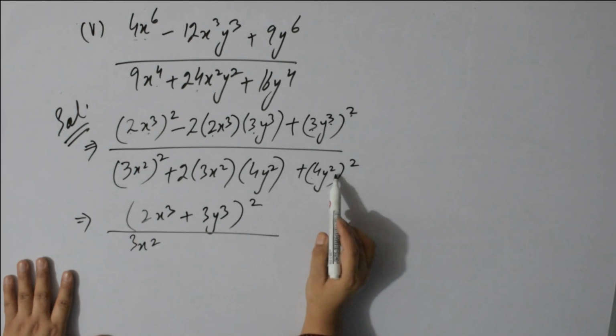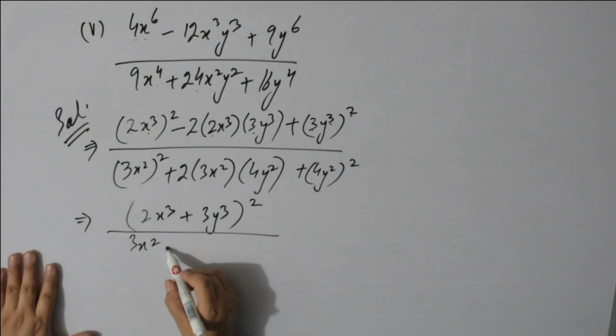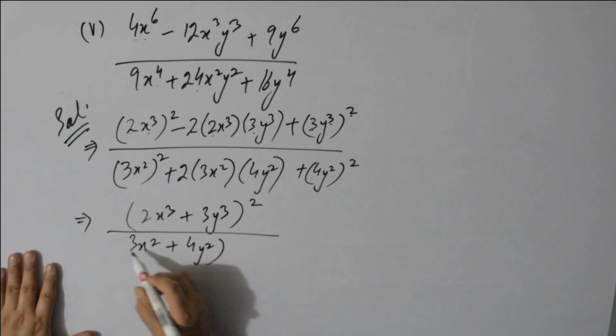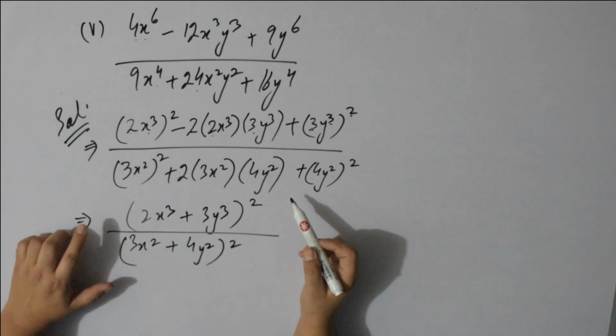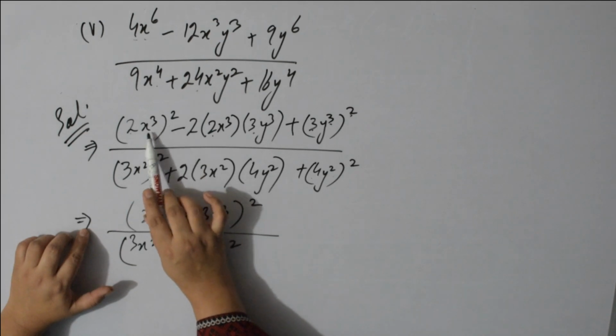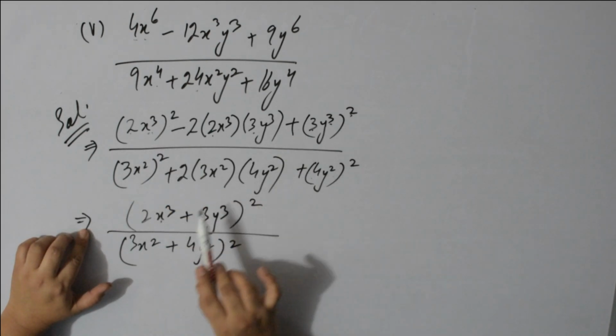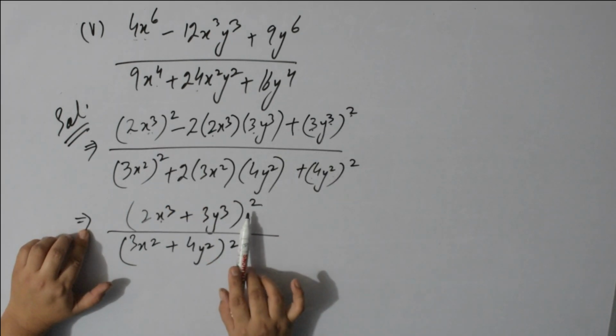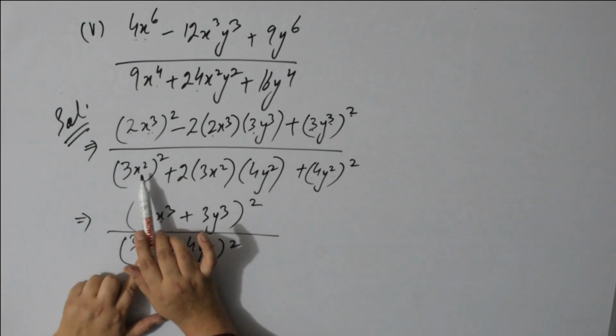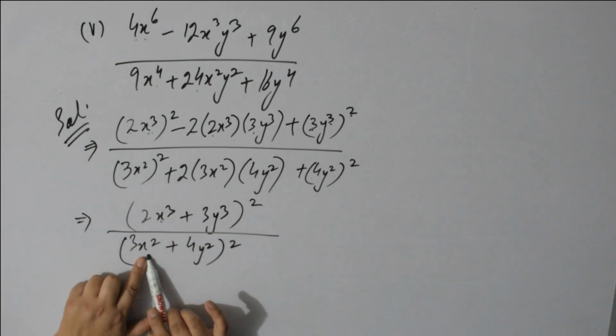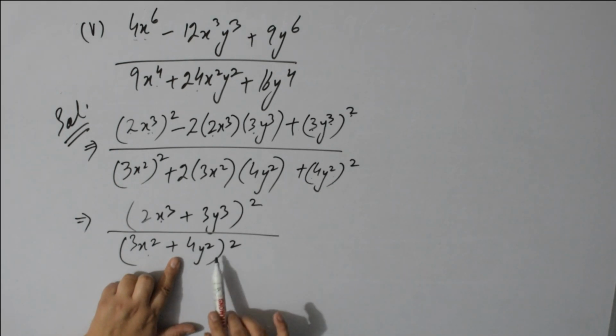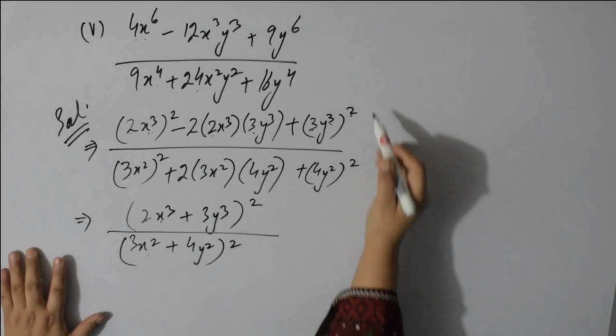What is b? Whatever term is present within the square, it is your a and b. Okay students, this is a within square 2x³, this is b 3y³ whole square. Then in the denominator this is a, 3x², plus this is b, 4y² whole square, right?